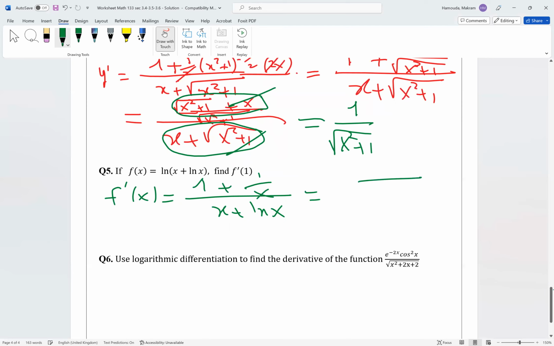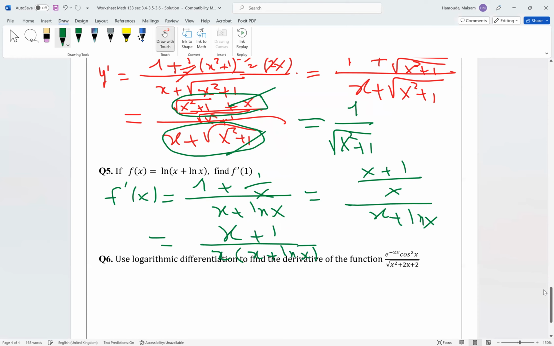Put the same denominator here, x, so it's x plus 1 over x plus ln x. You can write it like that, so x plus 1 over x times x plus ln x.